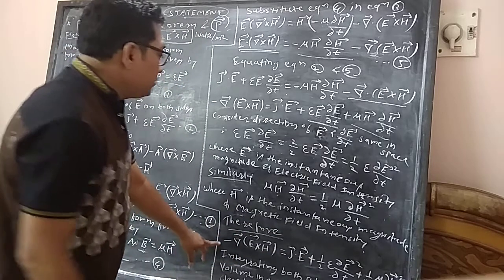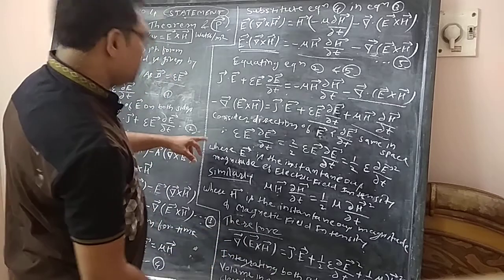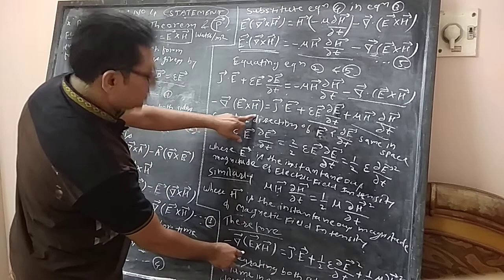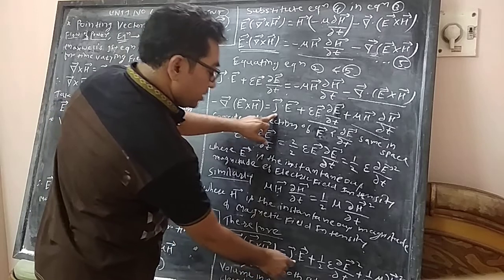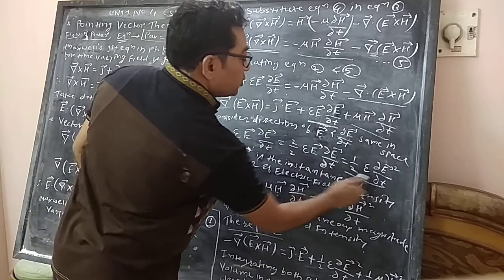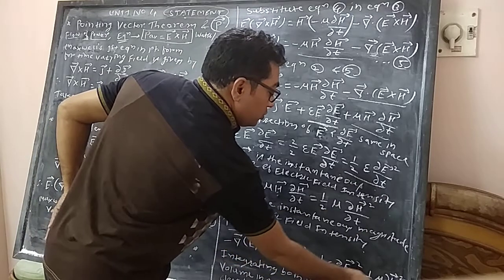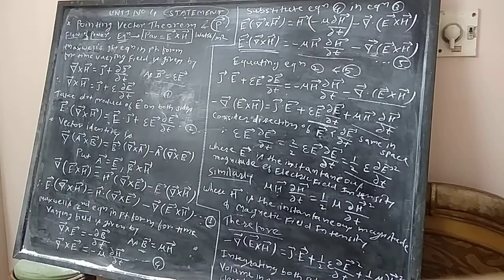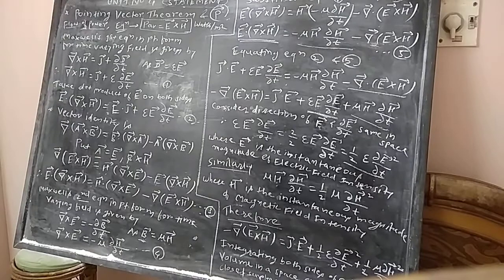Putting these values in the above equation, we get del dot (E vector cross H vector) equal to J vector dot E vector plus 1 by 2 epsilon del E square divided by del t plus 1 by 2 mu del H square divided by del t.